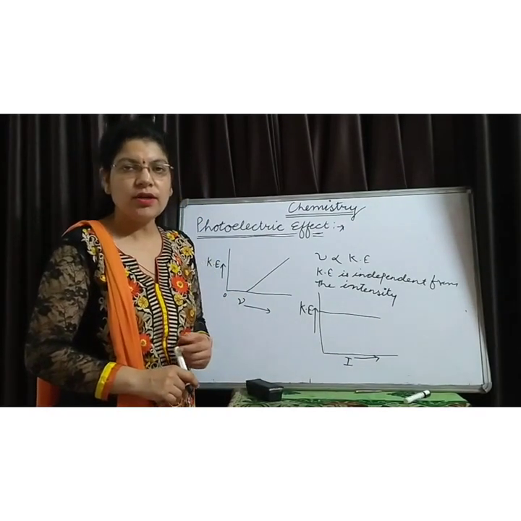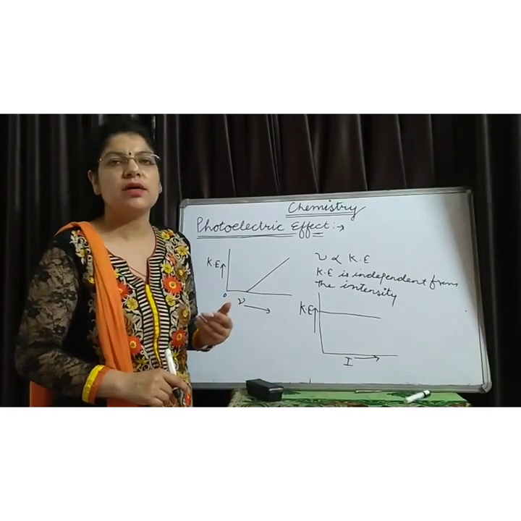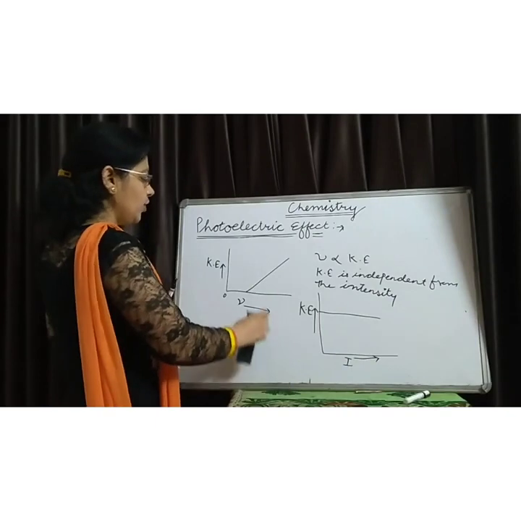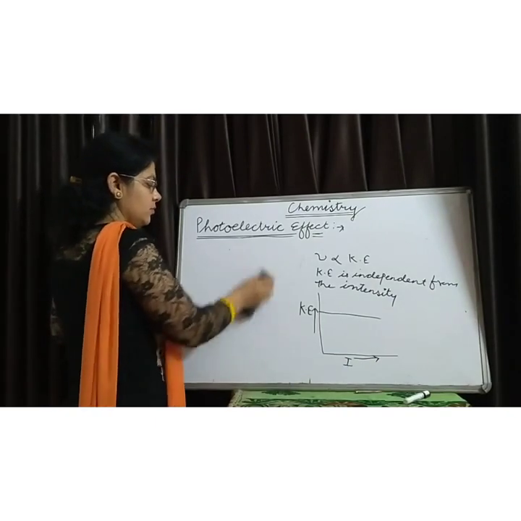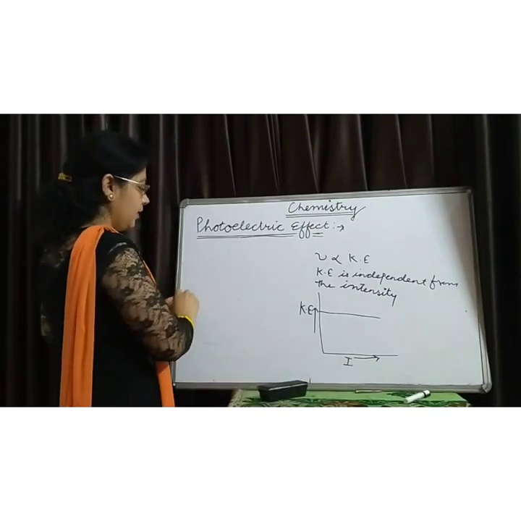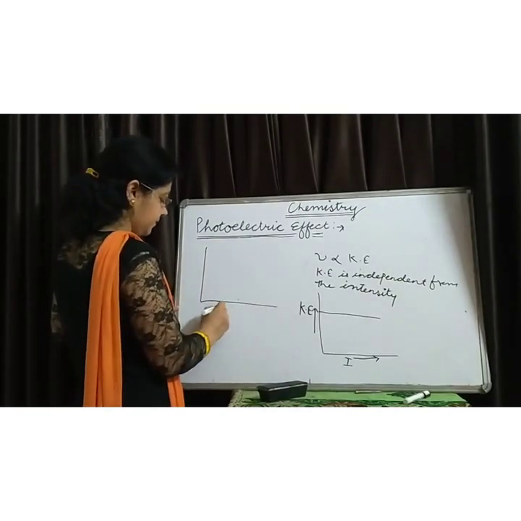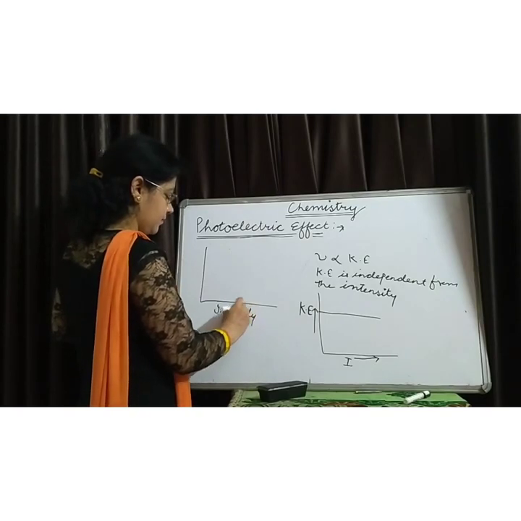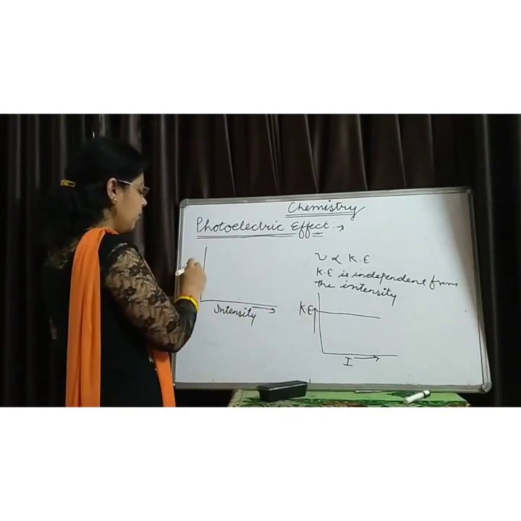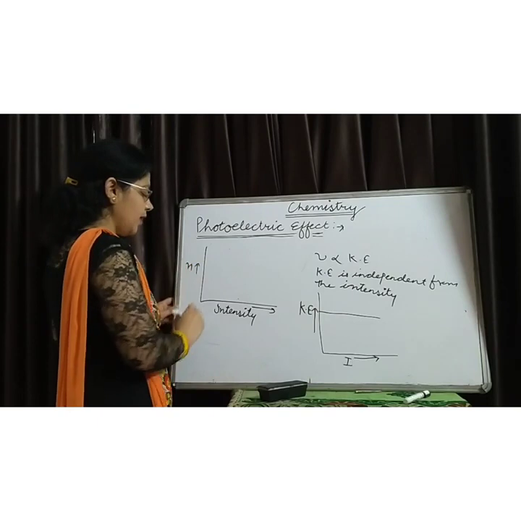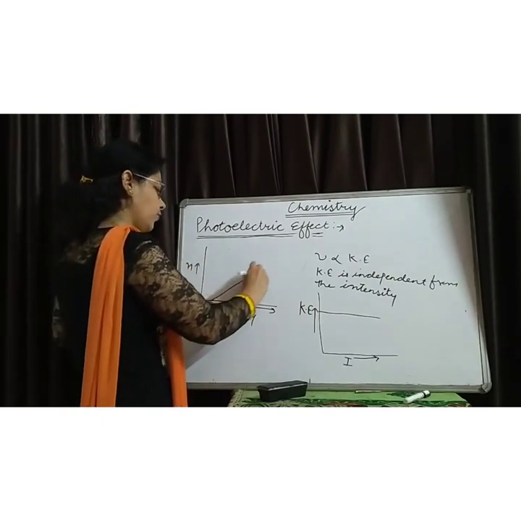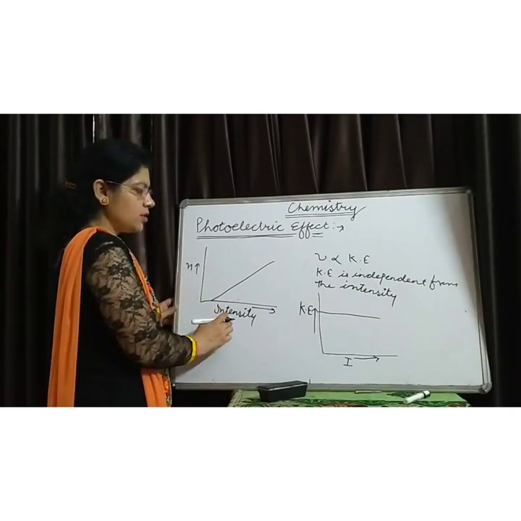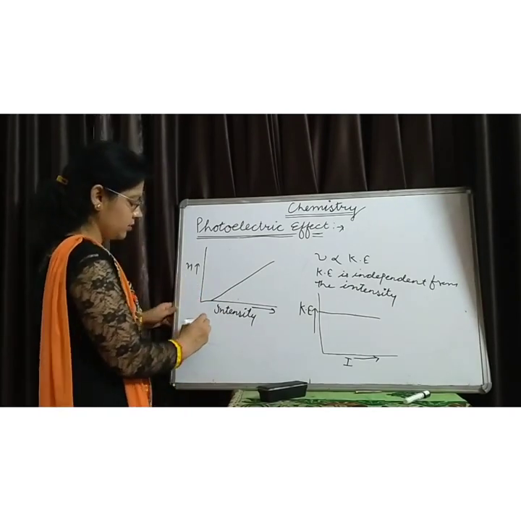Higher the intensity of the radiation, higher is the number of photoelectrons. If we draw the graph between intensity and number of photoelectrons, it is found that the number of photoelectrons is directly proportional to the intensity of the radiation.